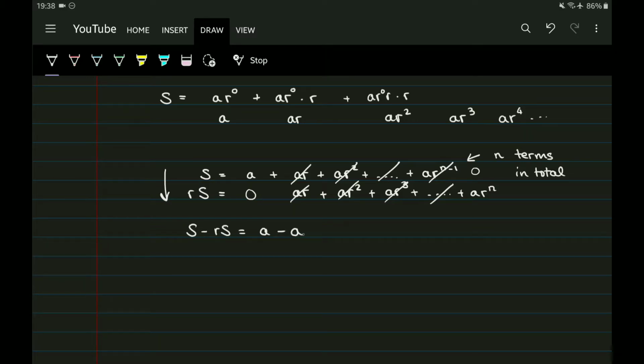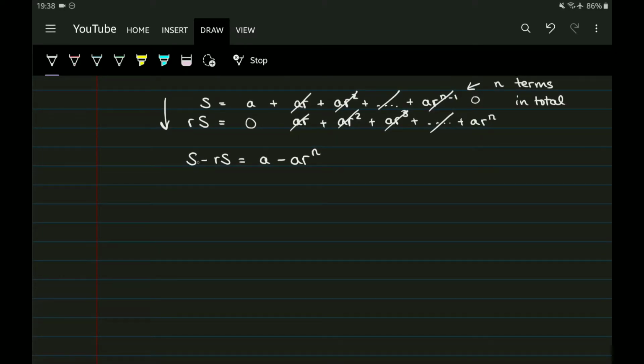If we factorize, we have s multiplied by 1 minus r is equal to a multiplied by 1 minus r to the power of n, and this gives us the general formula: s is equal to a times 1 minus r to the power of n divided by 1 minus r.